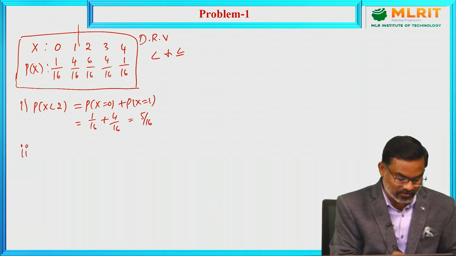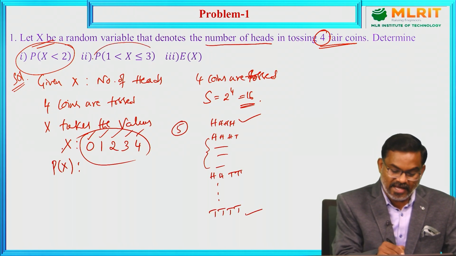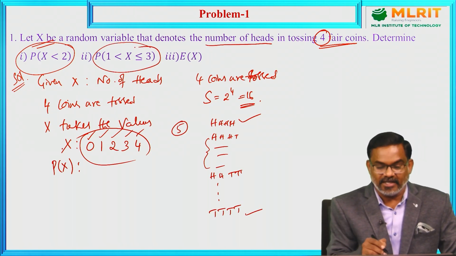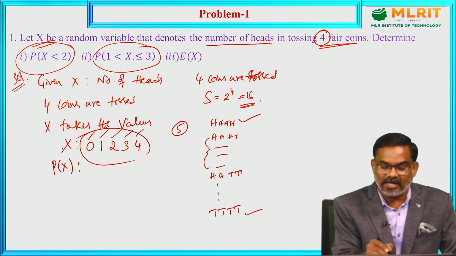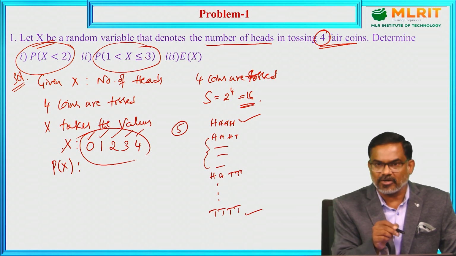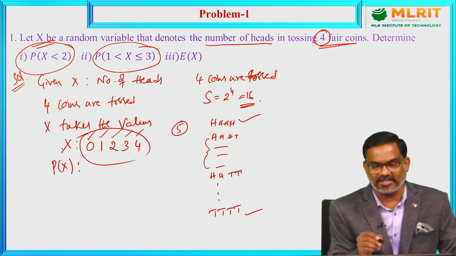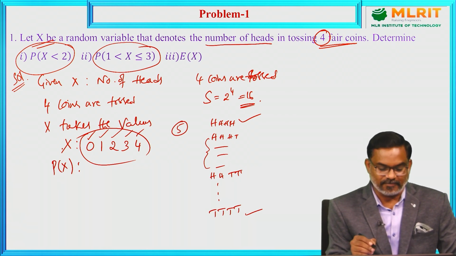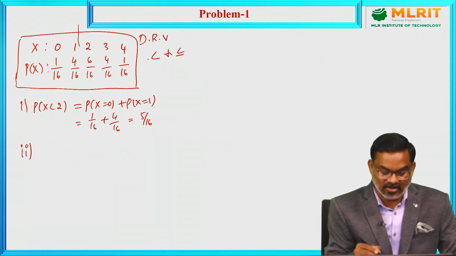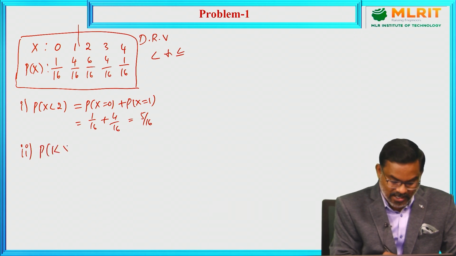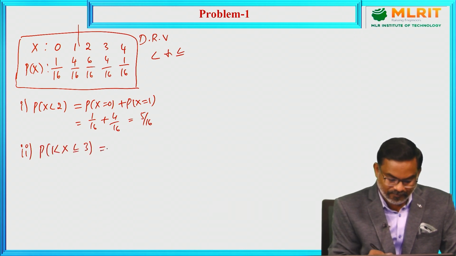Similarly, the second question, the probability of X lies between 1 and 3, and here 1 excluding and 3 including. So less than and less than or equal to are not the same in the case of a discrete random variable. Similarly, greater than and greater than or equal to are not the same in the discrete case. So 1 less than X less than or equal to 3.